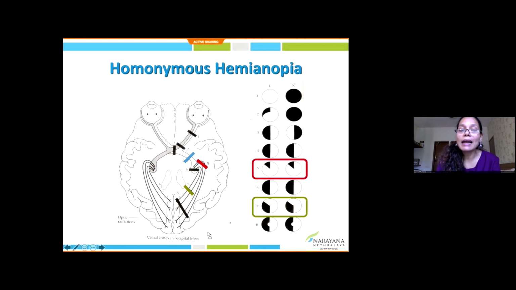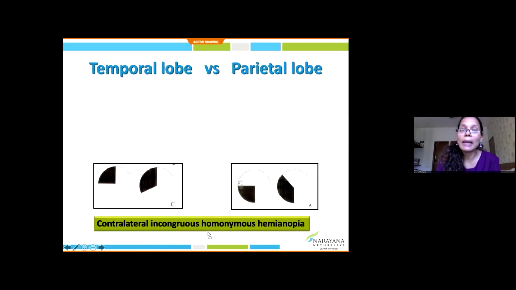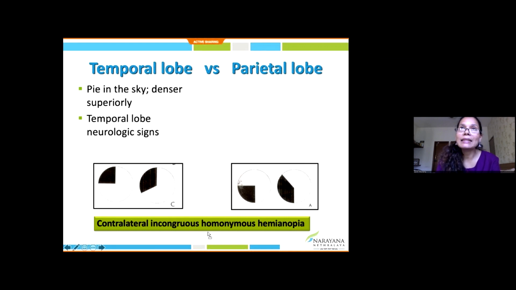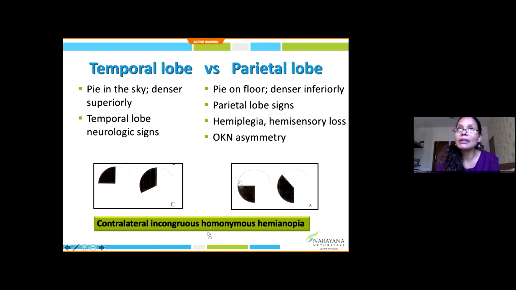Now these are classically features which you get in the temporal lobe or the parietal lobe. The temporal lobe is a pie in the sky, which is denser superiorly and has the classical temporal lobe neurological signs. Parietal lobe, on the other hand, is a pie in the floor, which is denser inferiorly, and the parietal lobe signs and hemiplegia and other things specific for the parietal lobe.